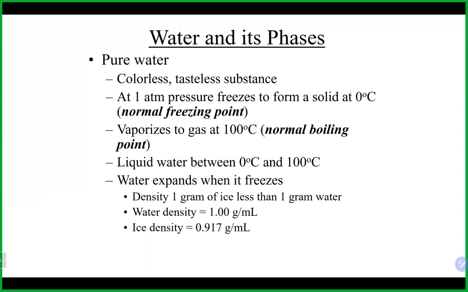Remember, as we've talked about previously, when we do transitions going from solid to liquid or liquid back to solid, which is obviously melting and freezing, they do happen at the same temperature. And that is the normal freezing point for a substance.